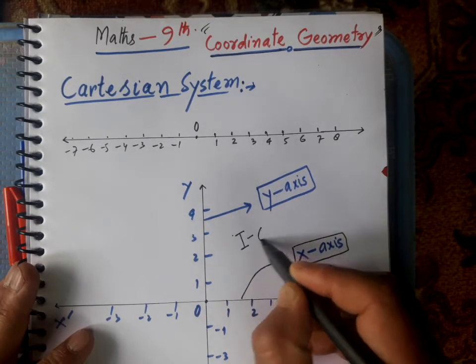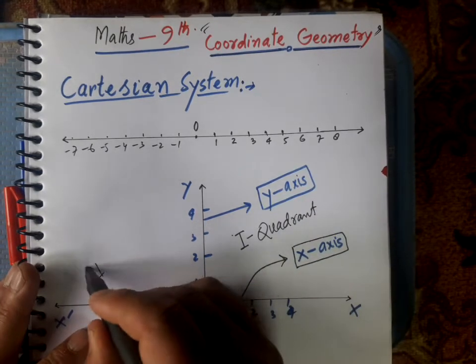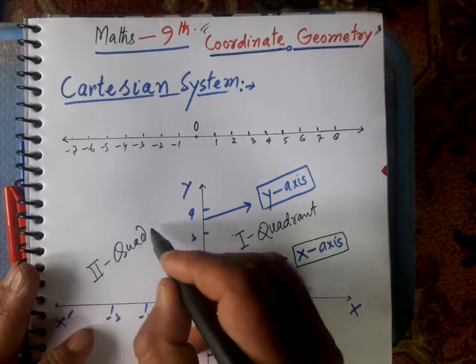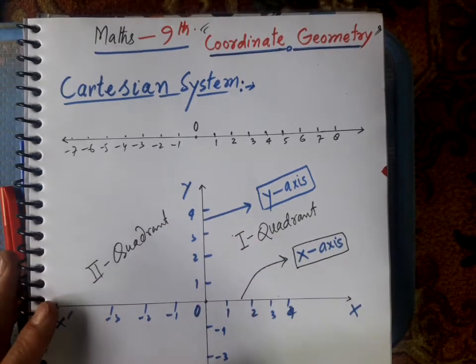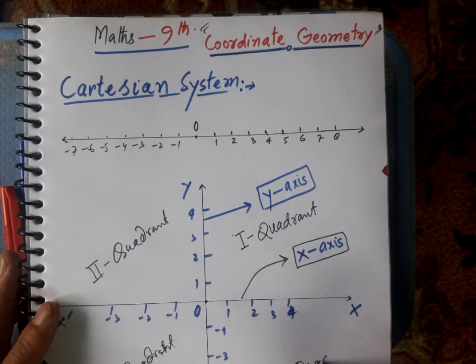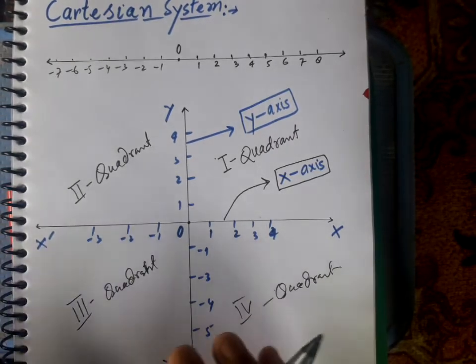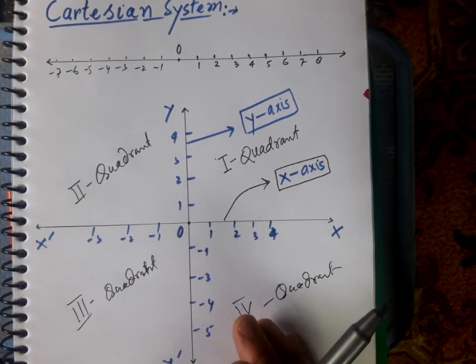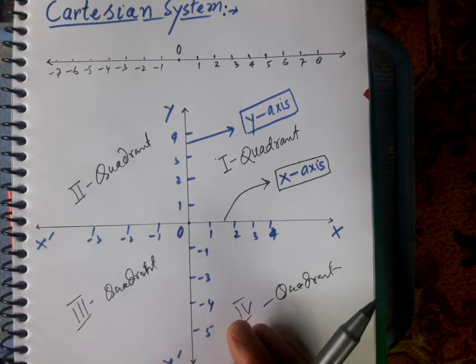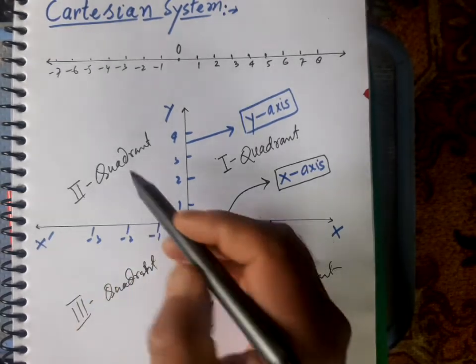First quadrant, this will be called the second quadrant, and this we call the third quadrant, and this is called the fourth quadrant. So the x-axis and y-axis divide the plane into four parts, and each part is called a quadrant.